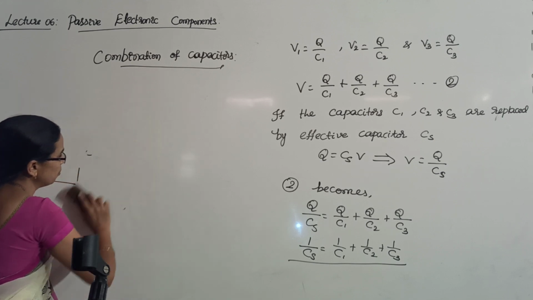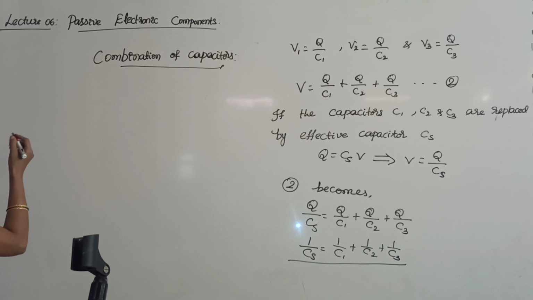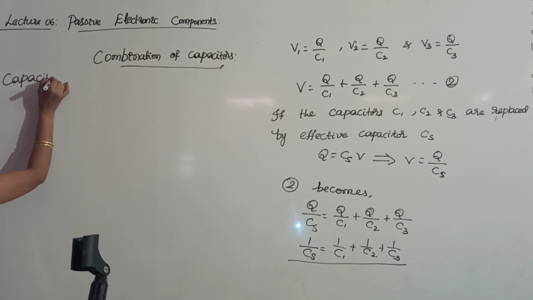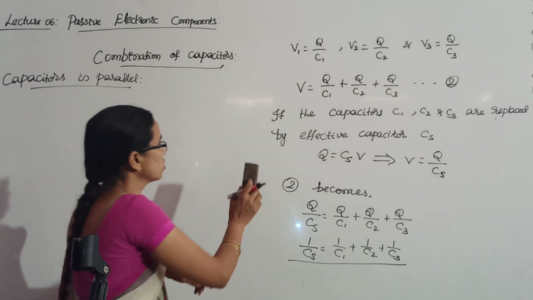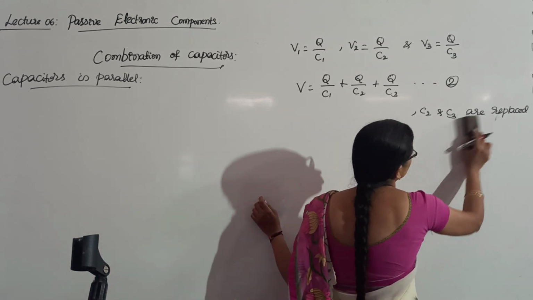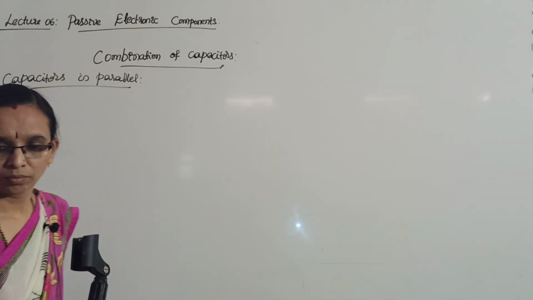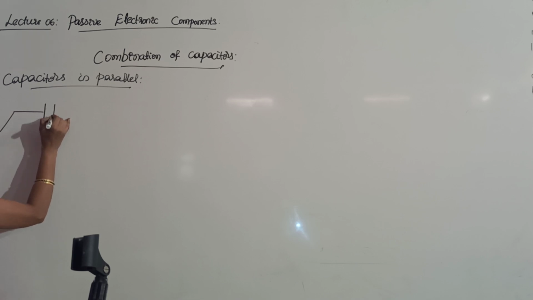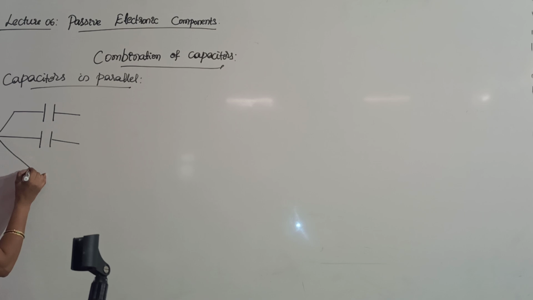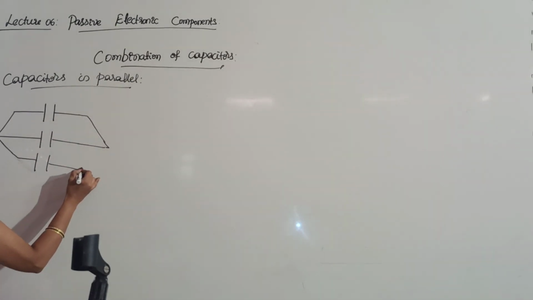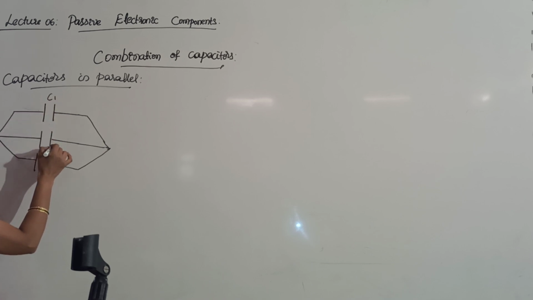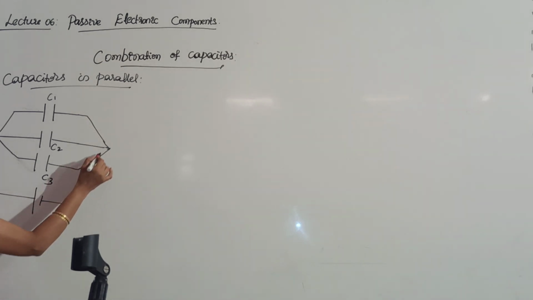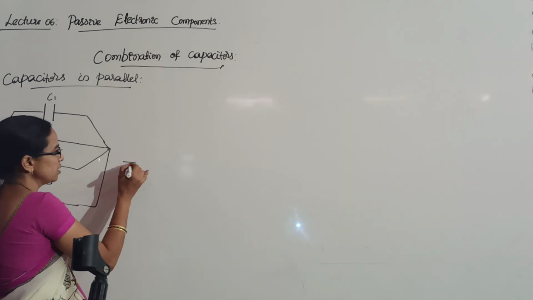Next, we will study capacitors in parallel. Write down the circuit. 3 capacitors C1, C2, C3 are connected in parallel along with the voltage source V. Because it is a parallel circuit, the voltage remains the same.